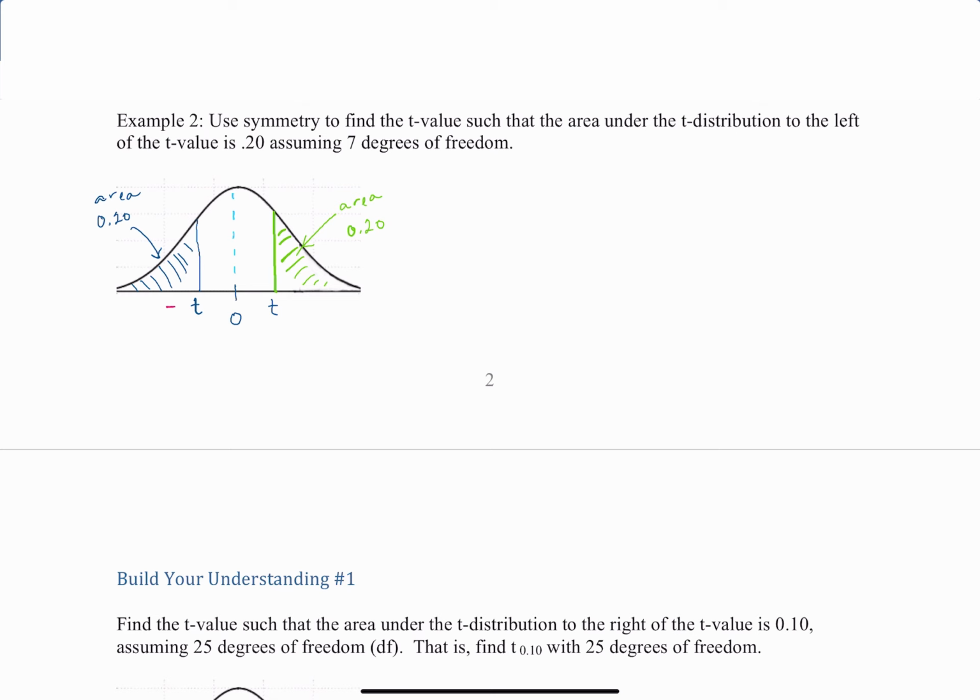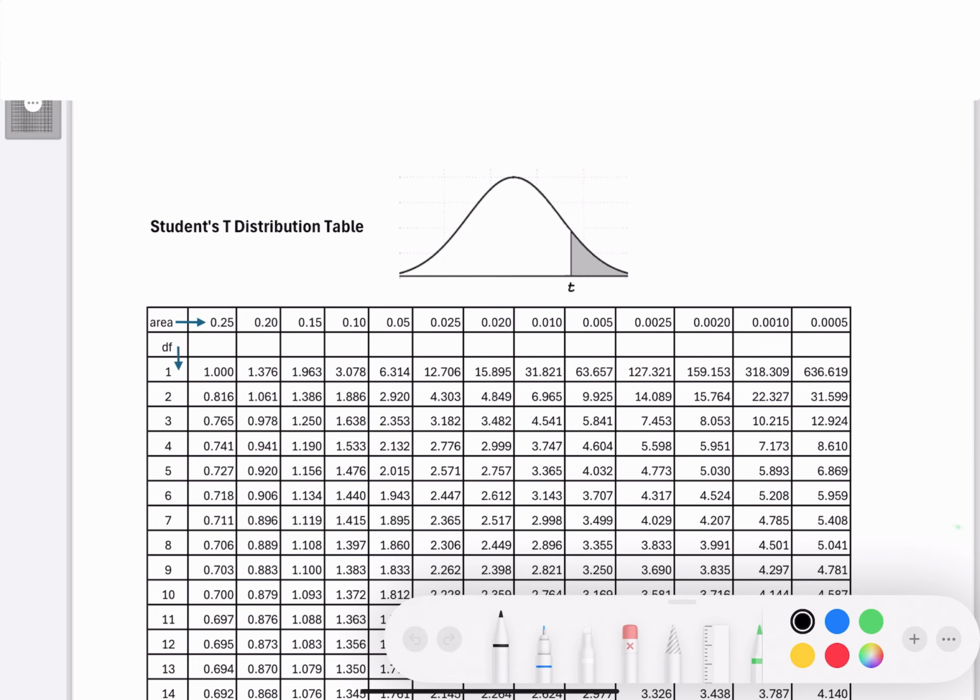So let's go to our t-table and find the t-value that has area 0.20 to the right. We find areas in the top row, and the area I wanted was 0.20, so I'm looking at that box in the top row. Now, which t-distribution am I interested in? It's said to assume there were 7 degrees of freedom.